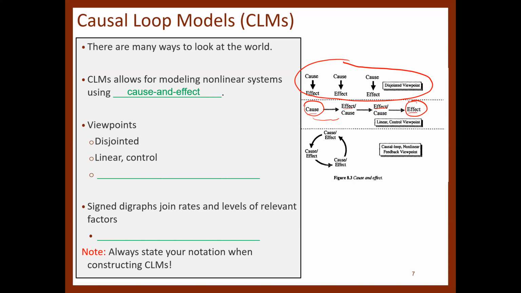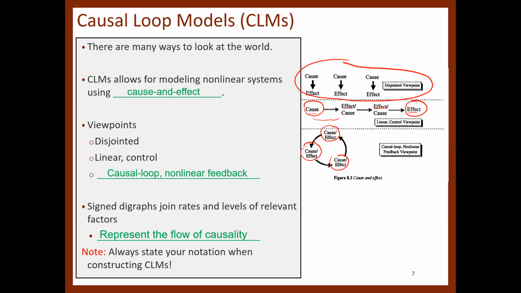And then the third viewpoint is the nonlinear feedback or causal loop, in which an event can create another event and then another event, and that event can have an impact on that first event that originated the actions. So these are sign digraphs, joint rates, and levels of relevant factors.